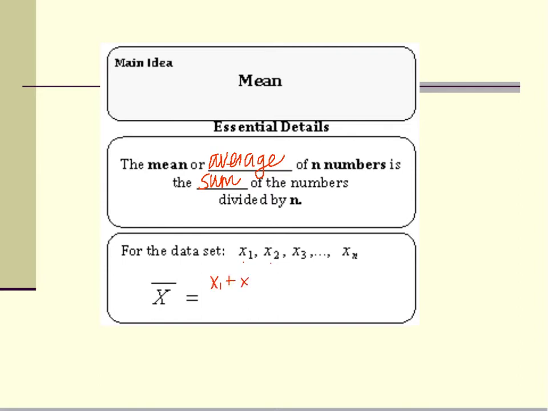So x1, x2, x3, and we add them all the way up until we get to xn. And since there are n numbers that we're working with, we divide it by n. You use the average most often to talk about test average or quiz average, things like that. But this is kind of the idea as we go through.